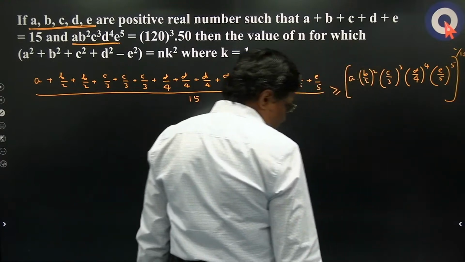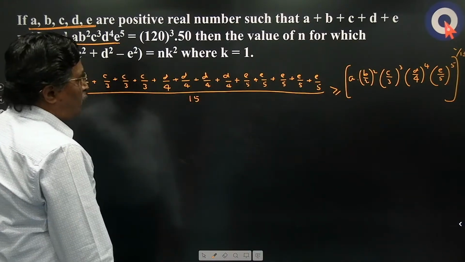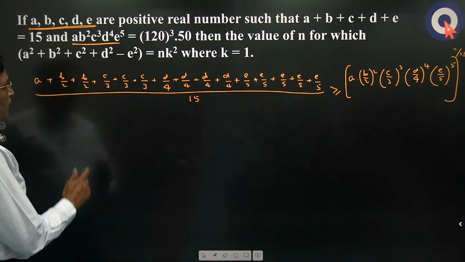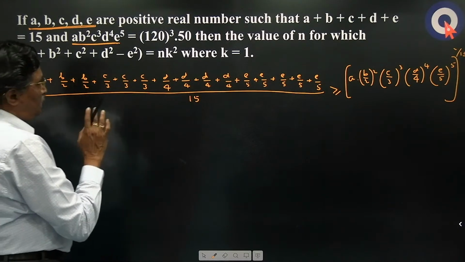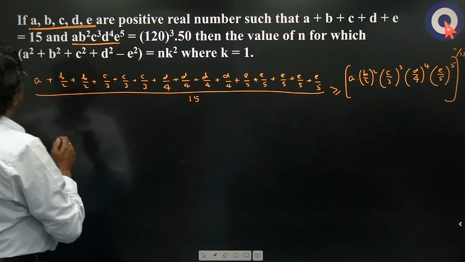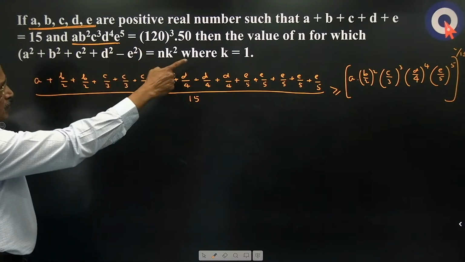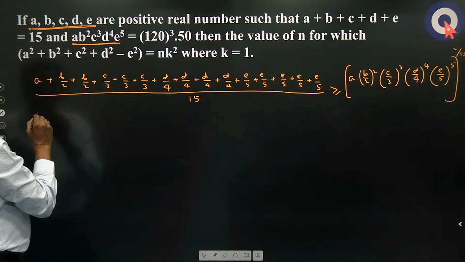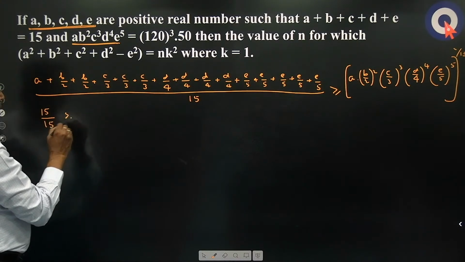So the arithmetic mean is greater than or equal to their geometric mean. After all, the numerator is nothing but A plus B plus C plus D plus E, which is given as 15. As such, this is 15 by 15 and nothing else, greater than or equal to.